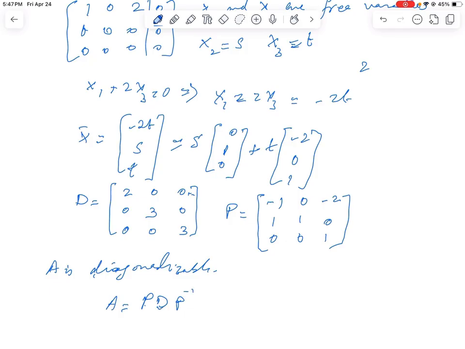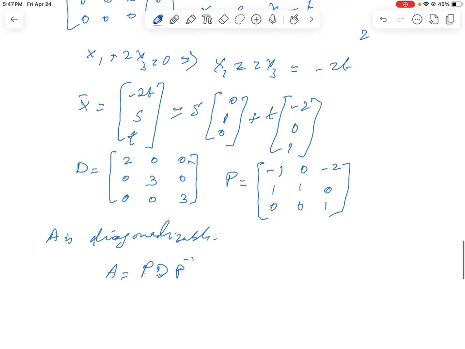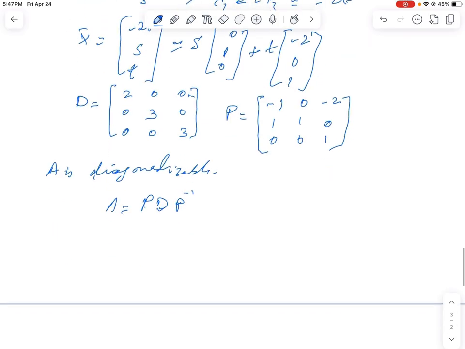Now to check, we don't need to multiply these three matrices, because I would have to find the inverse of P, which could be long, too much work. So what we check here instead is that AP is equal to PD. That's what we will check.